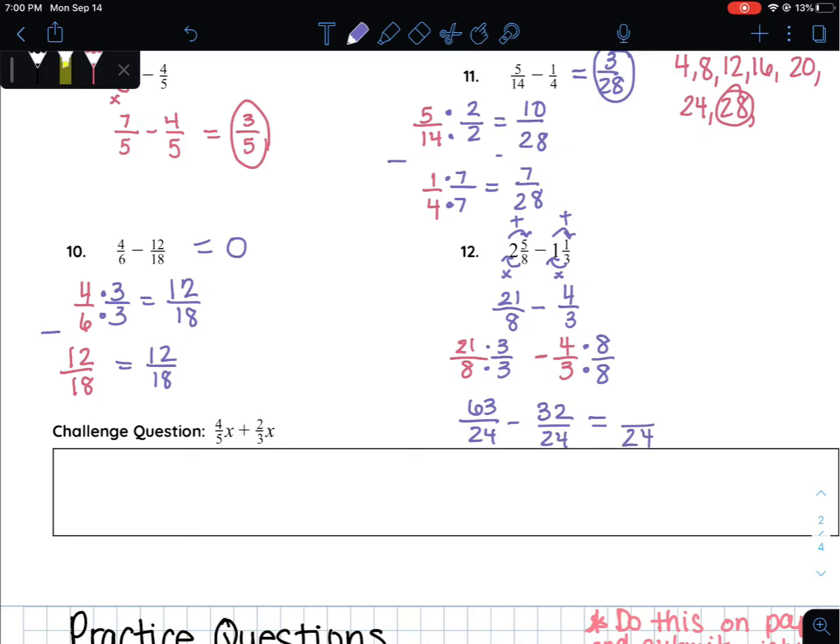Keep that 24 on the bottom because we have 63/24 minus 32/24. So we're going to have some number of 24ths at the end. So 63 minus 32 is going to be 31. If we want to convert it, we can say 1 and 7/24 as our final answer.